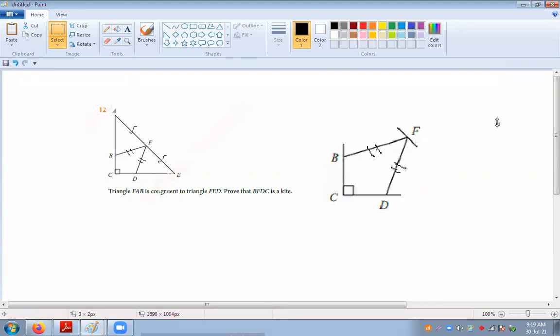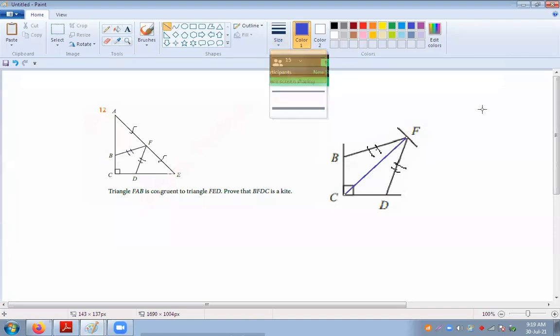Now in this quadrilateral, we'll draw this diagonal. Then you have two triangles. What are the two triangles you have right now? Triangle BCF and triangle CDF.